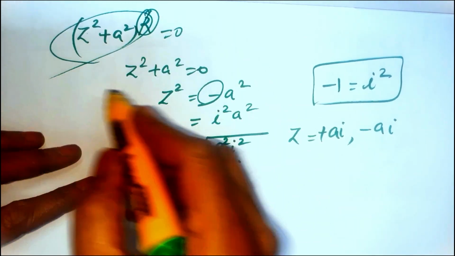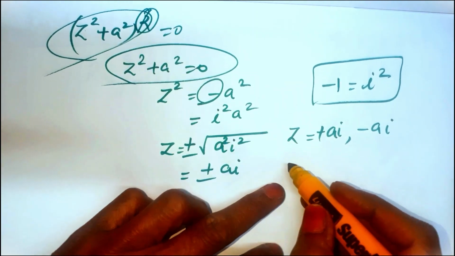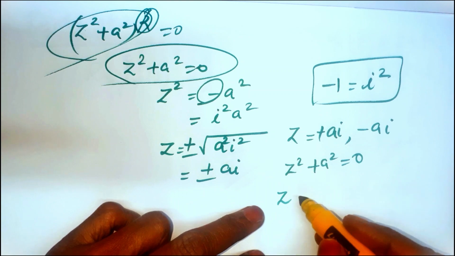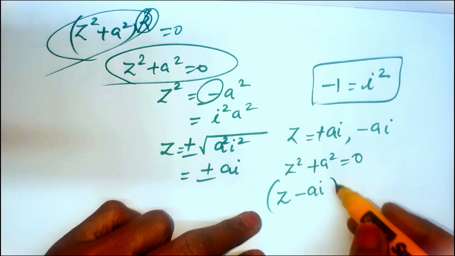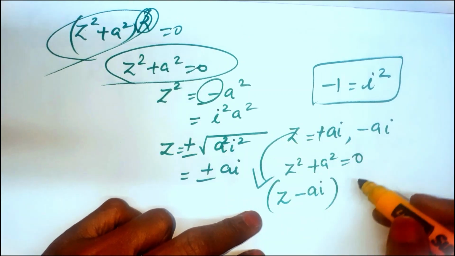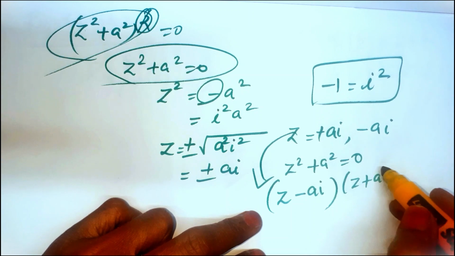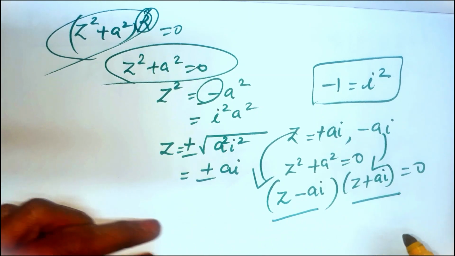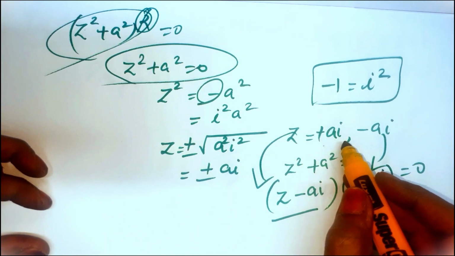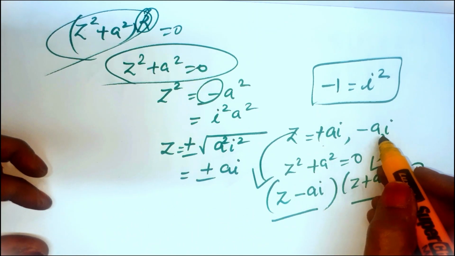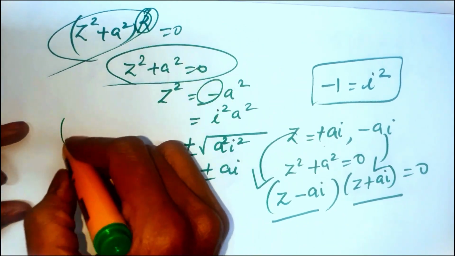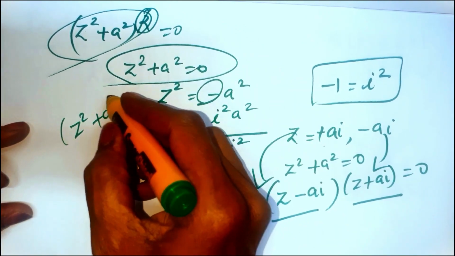Z squared plus a squared equal to 0 can be written as (z minus ai) for this and (z plus ai) for this, equal to 0. So we have factorized like this. So z equal to ai is one pole, z equal to minus ai is another pole. But outside we have the whole squared, right? We have (z squared plus a squared) the whole squared.